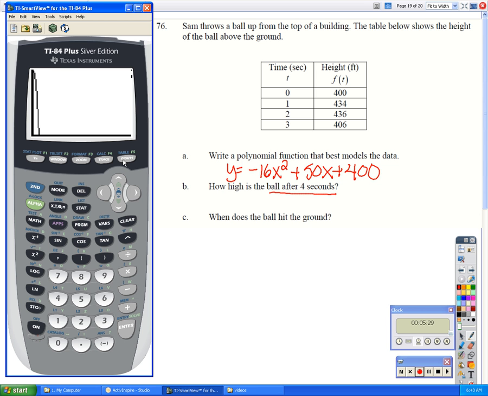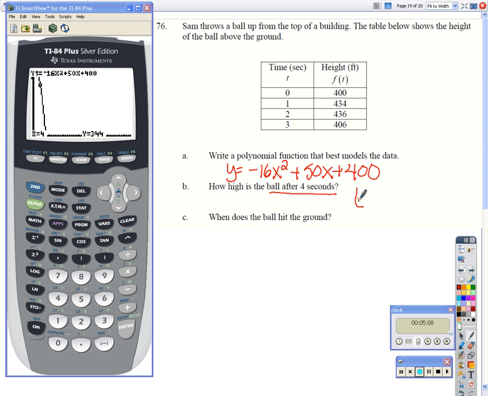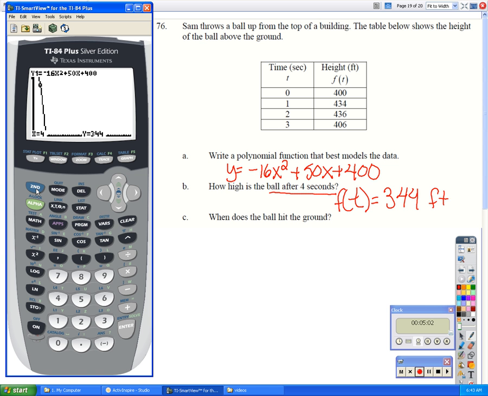I could also use the table. Well, now that's too little. So that works. The height of the ball, f of t, is 344 feet. To use the table, I could go second table, and right here at 4 I see the 344. That would have been faster.